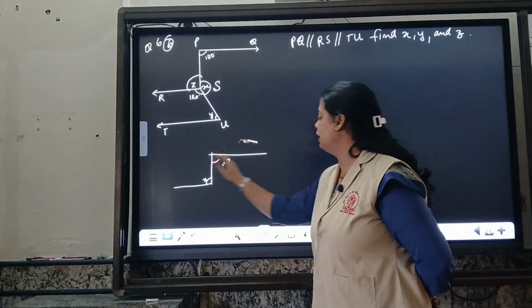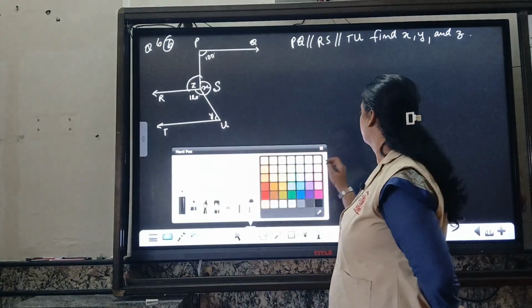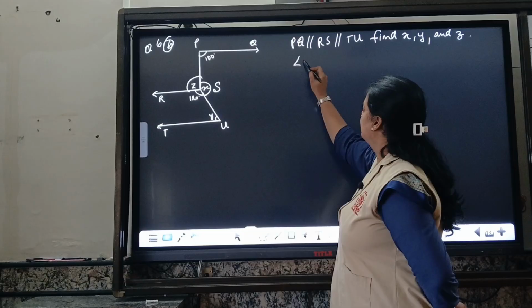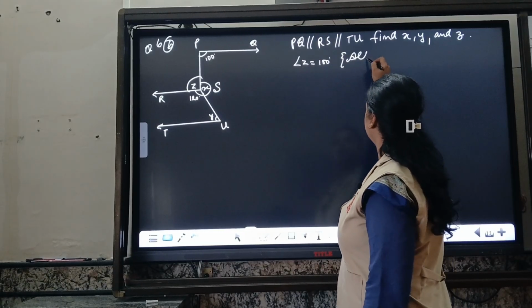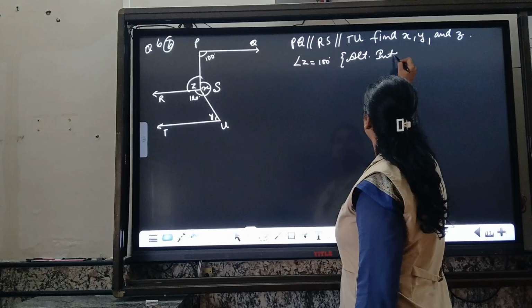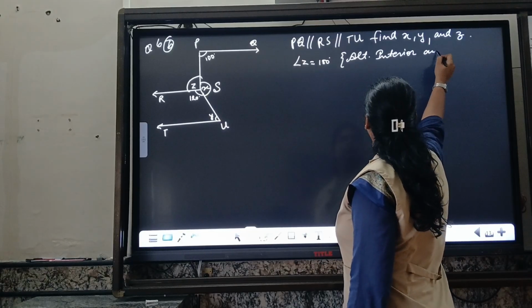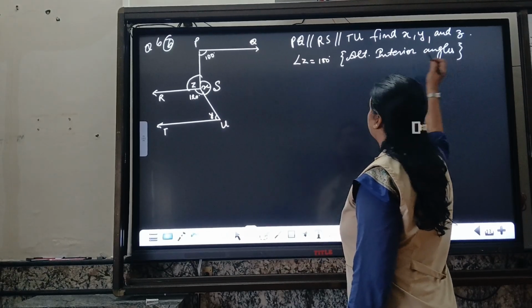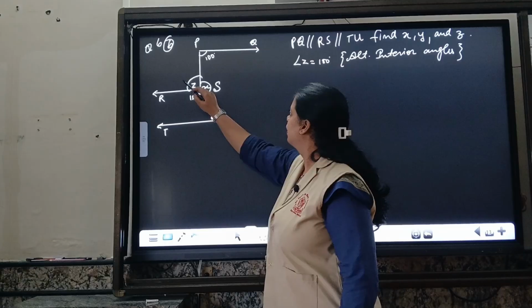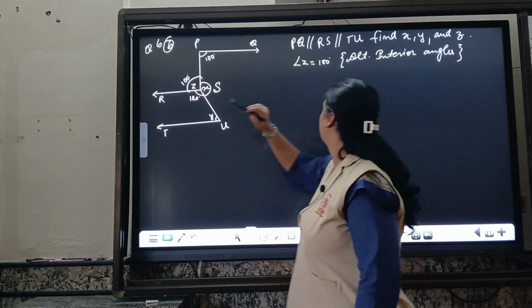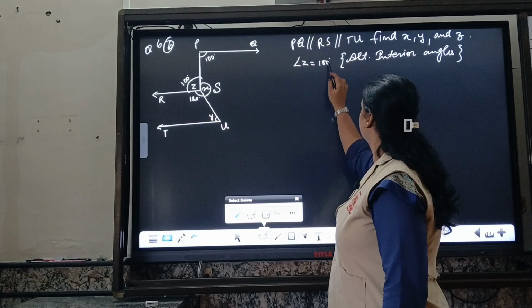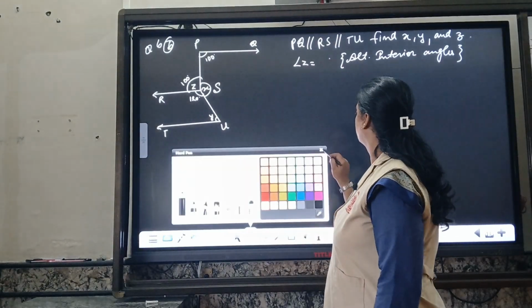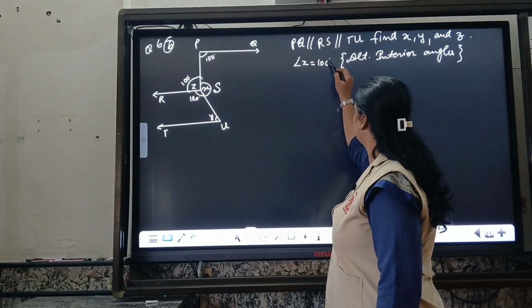So I am going to write angle Z is equal to 100, reason: alternate interior angle. Let me write 100 clearly.